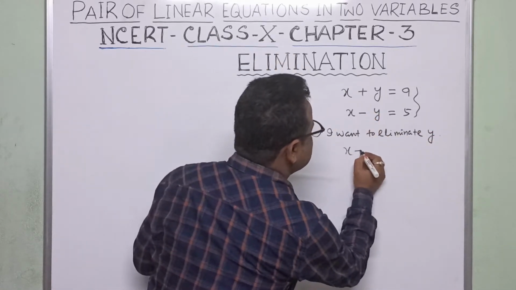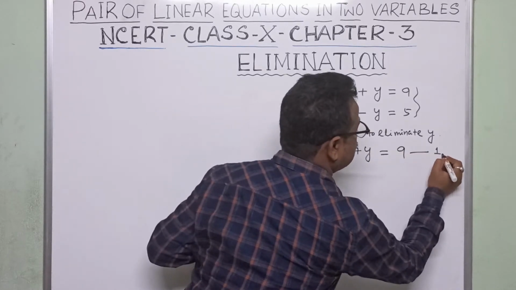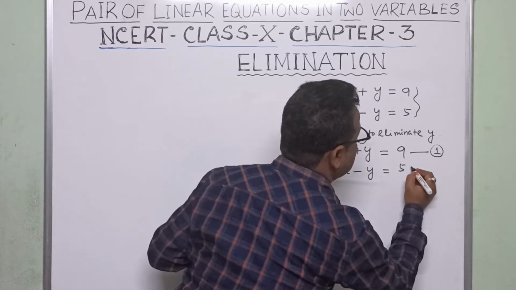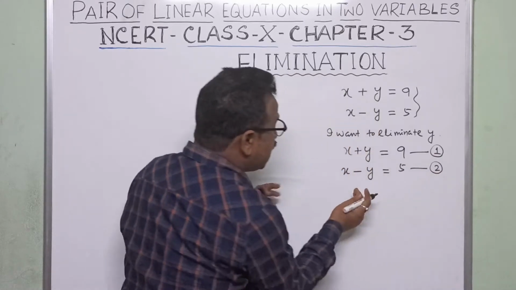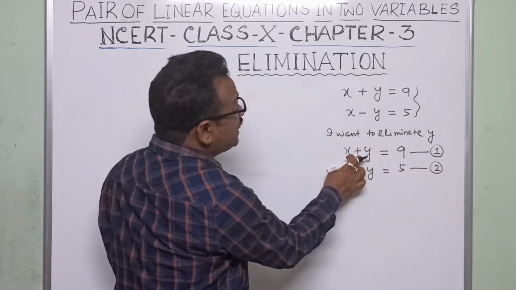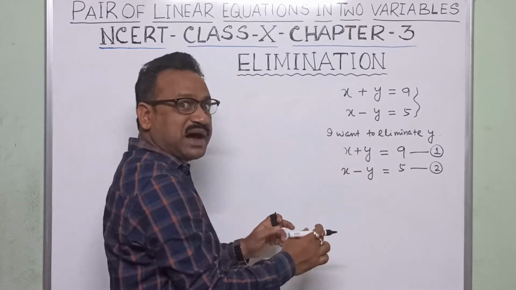So here I want to eliminate y. My equations are x plus y is equal to 9, equation 1, and x minus y is equal to 5, equation 2. Here the sign of y in the first equation is plus and the sign of y in the second equation is minus.